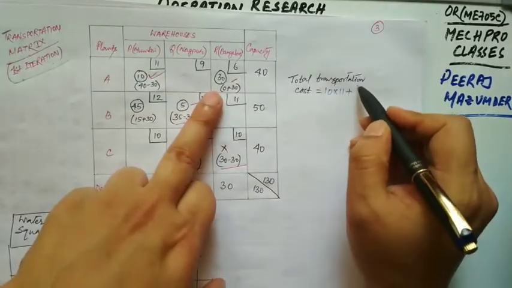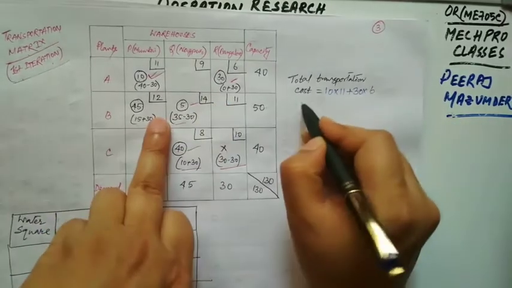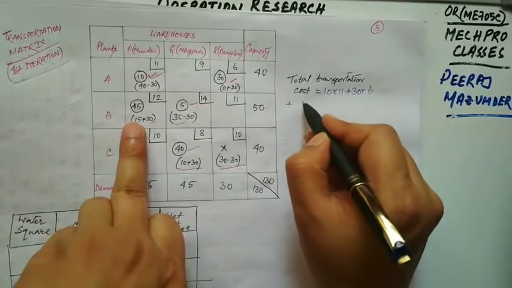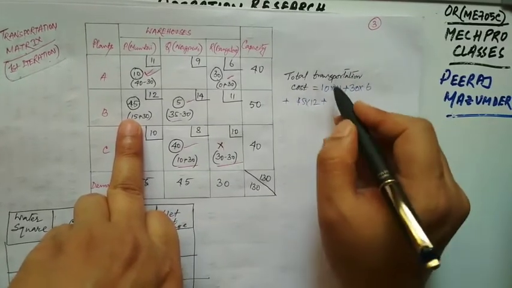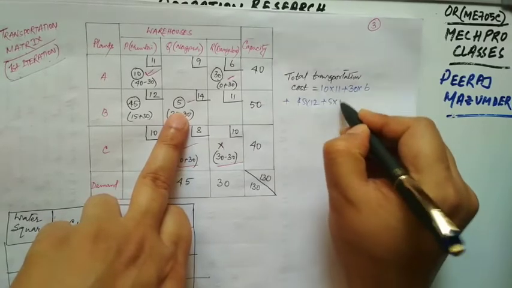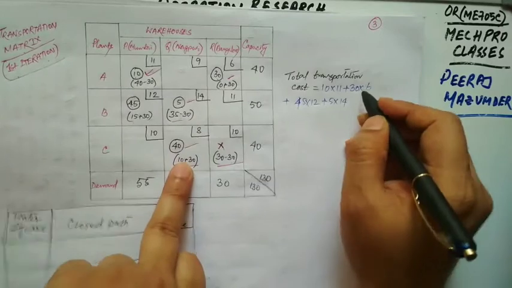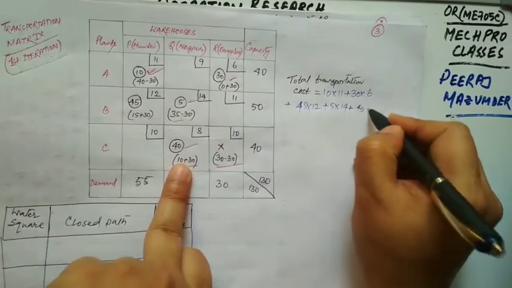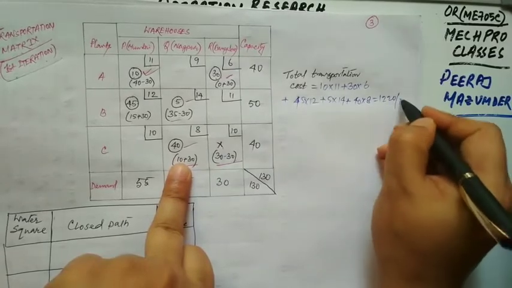plus 30 into 6, plus 45 into 12, plus 5 into 14, next comes 40 into 8, which gives you, I have calculated it, 1220.